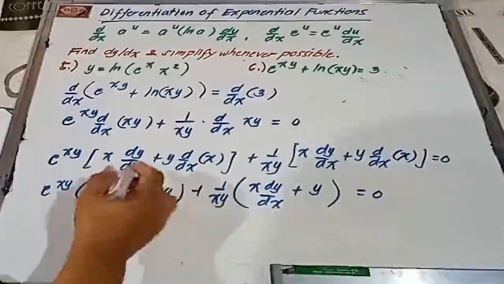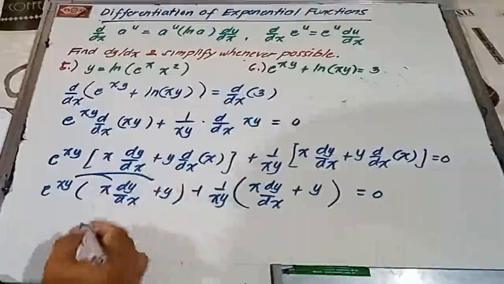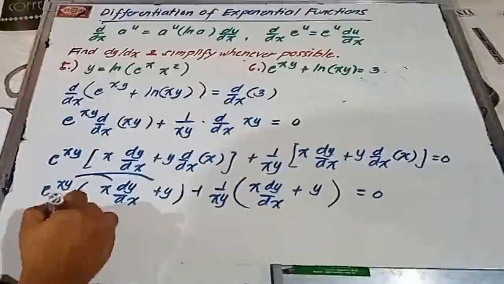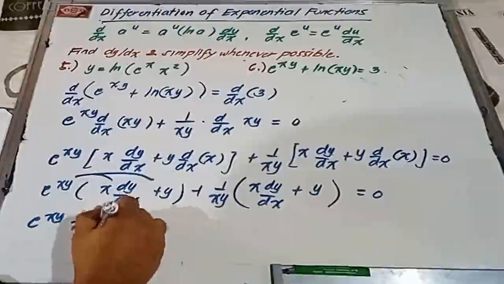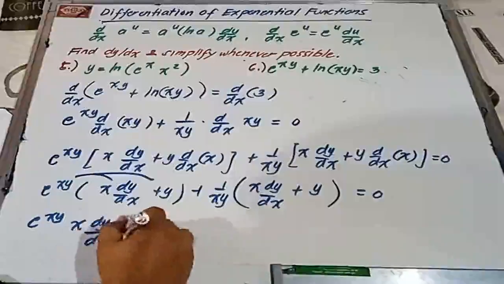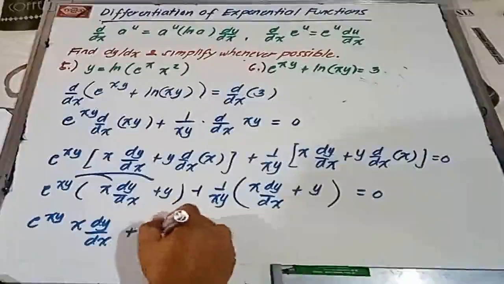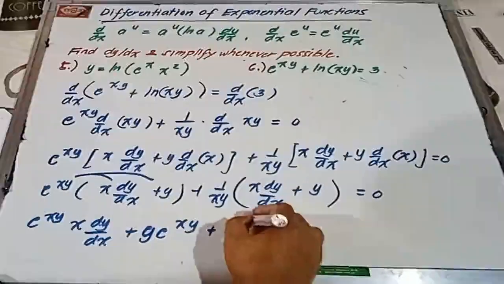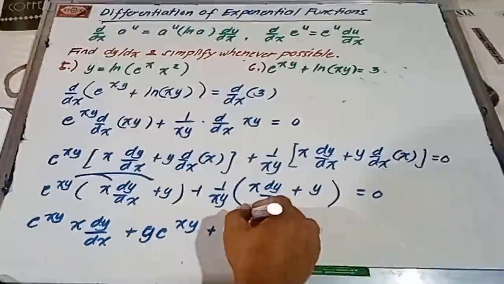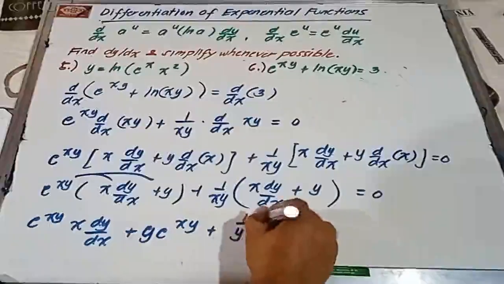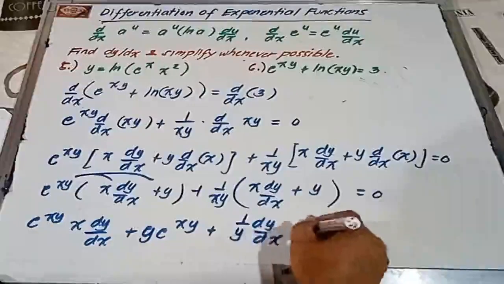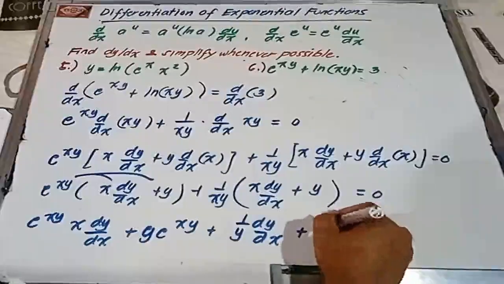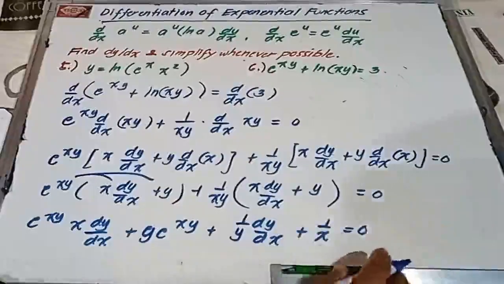Pag na-distribute na lang natin isa-isa, we have e to the xy, x dy over dx, plus y, e to the xy, plus, cancel yung x here, so matitira ay 1 over y, dy over dx. Plus, cancel yung y here, matitira ay 1 over x na lang. This is equal to 0.